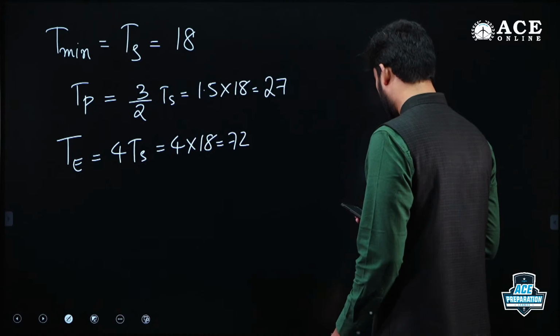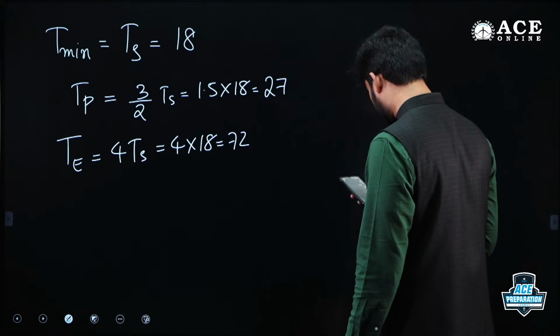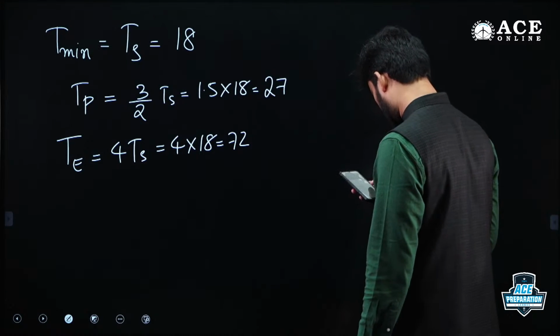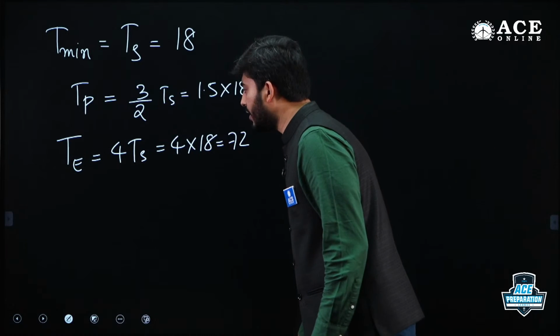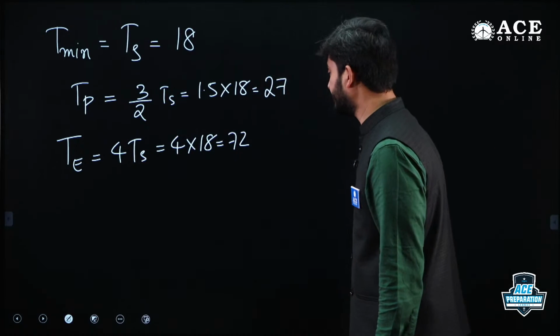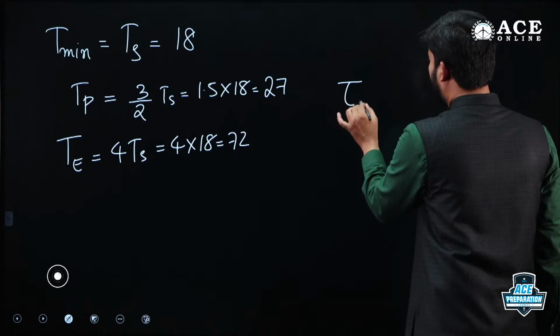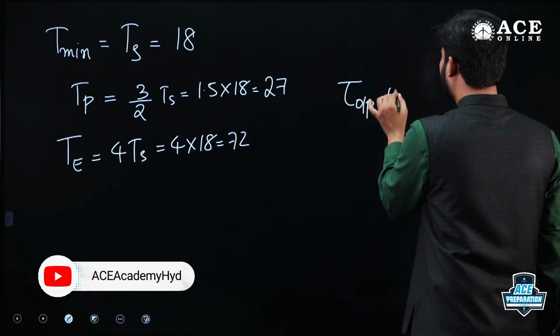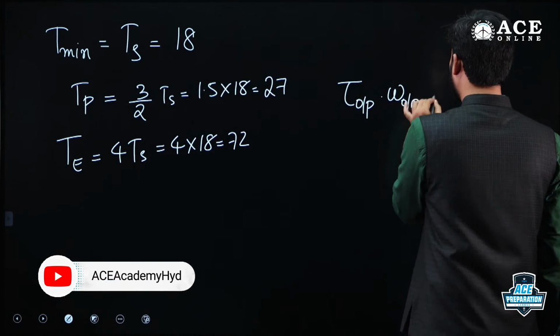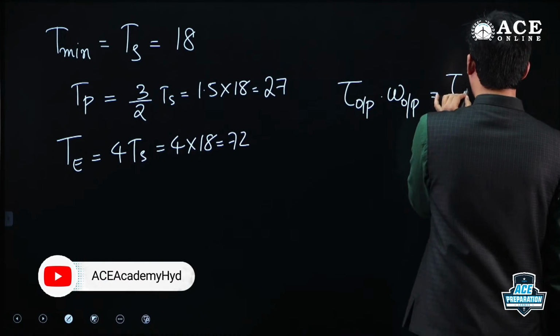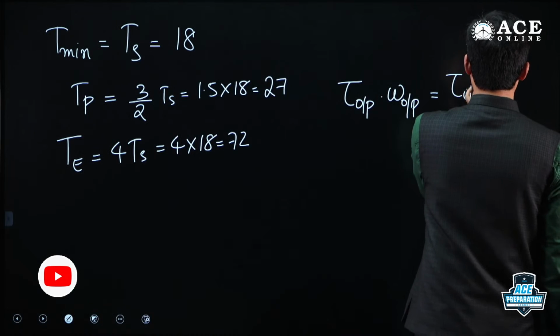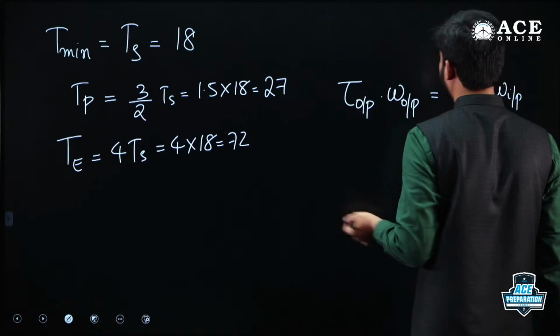Next, we are required to do the torque analysis. So I can write torque at output into omega of output is equal to torque at input into omega of input.